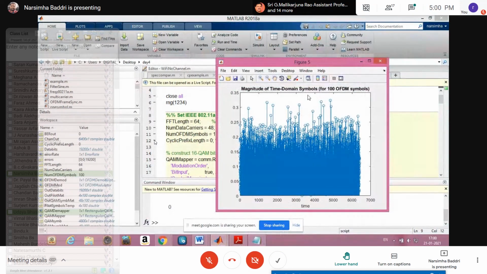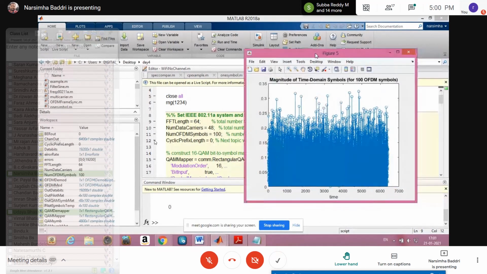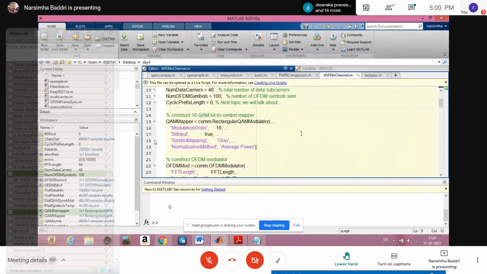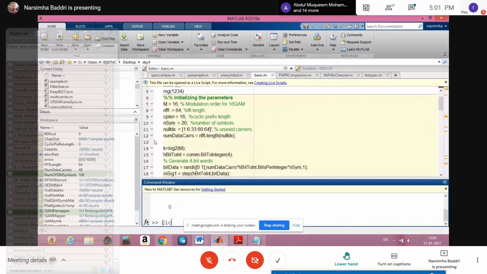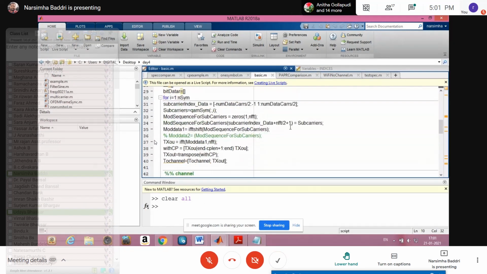How many symbols are there in total? 100 symbols, times 64, so 6,400 total samples will be displayed in the time domain representation. So this is just an overview to see the resource grid. You can forget about this.